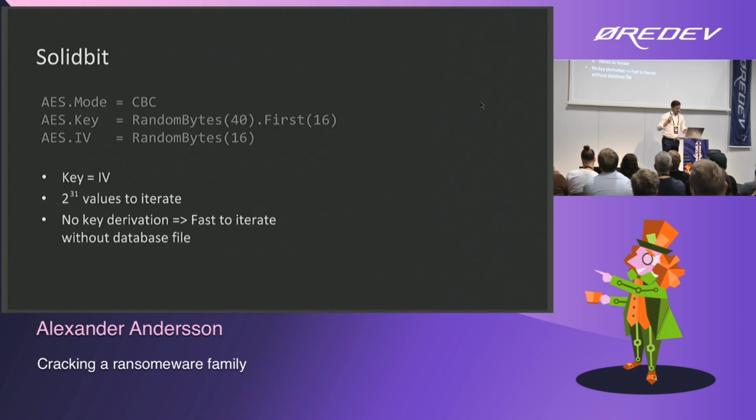So this means that the key is the IV, and we're back to having just 2 billion possible keys to iterate. And the other thing is that they don't even use key derivation in SolidBit, which means that we don't need a database because it's going to be fast enough to just iterate everything on the fly and generate the database as we go.